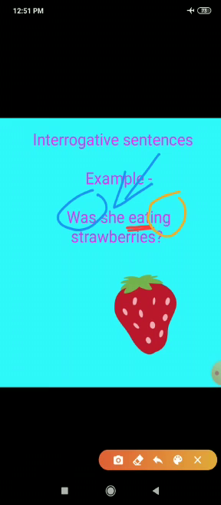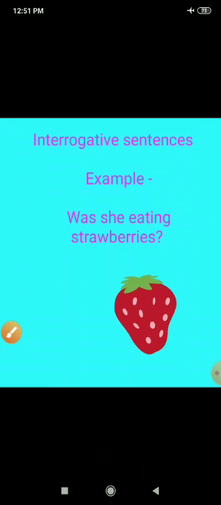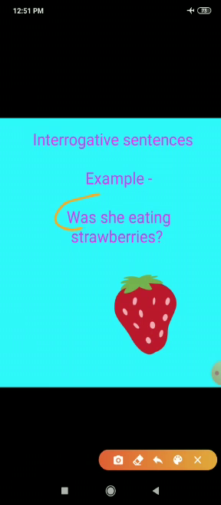Was she eating strawberries? Was comes at the beginning in order to form a question. Was she eating strawberries? Yes, she was eating strawberries. Or, no, she was not eating strawberries. These are a few examples of sentences in past continuous tense.